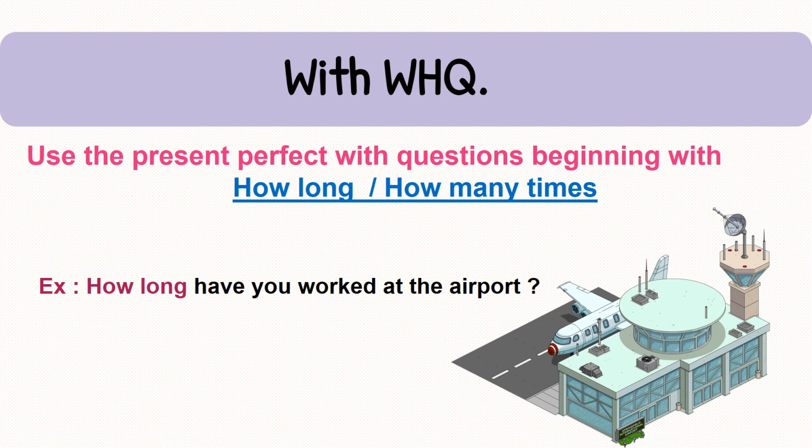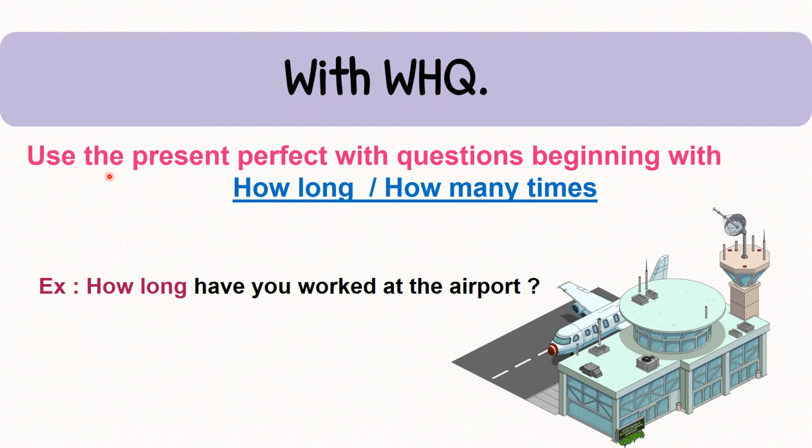With WH question أخذنا في حالة السؤال نقدم الفعل المساعد على الفاعل، وبالنيجاتيف just put negative after the auxiliary verb، بعد الفعل المساعد نضع not. في حالة ال WH question إذا بدأ السؤال بأدوات السؤال.